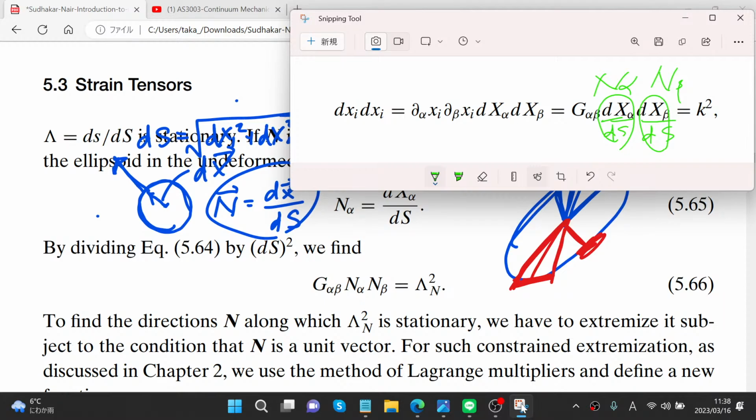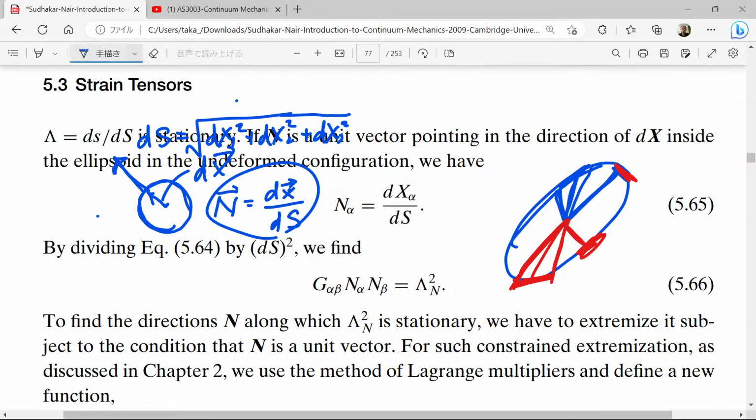To find the direction, this is more like lambda n squared, k squared divided by ds squared.